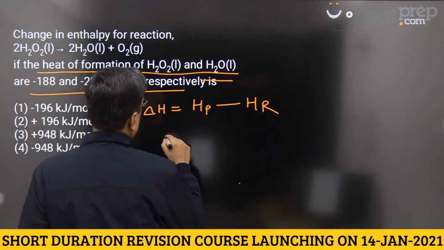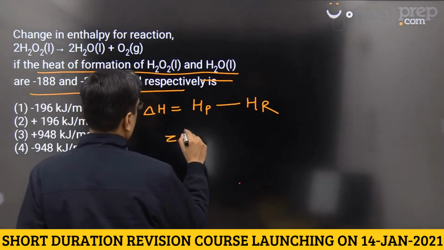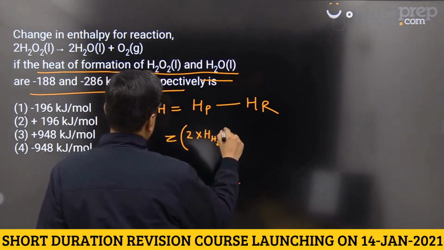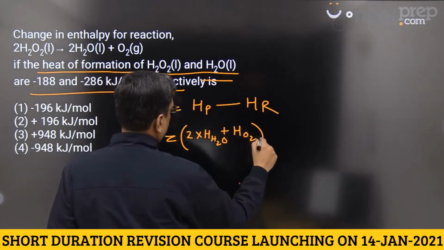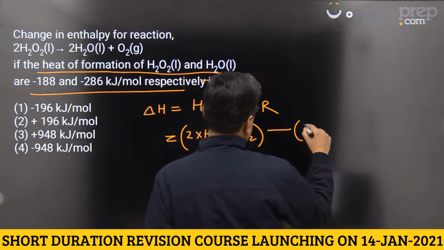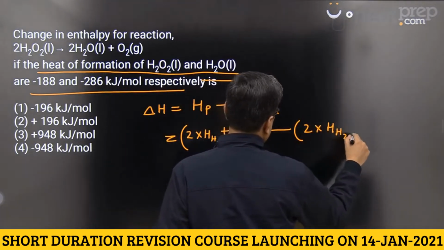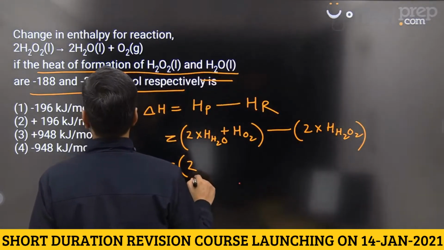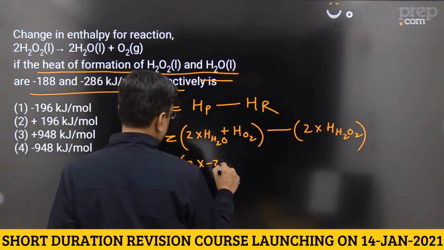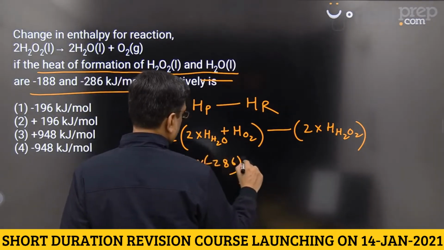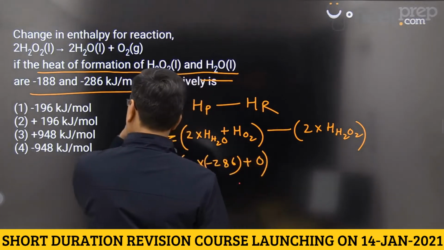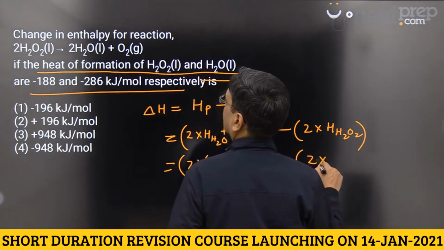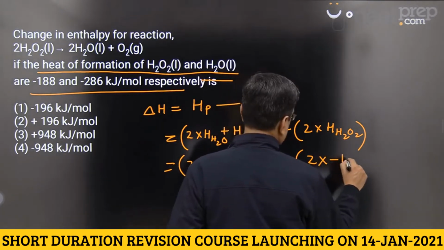See here, what is it? 2 into H of H2O plus H of oxygen, that is HP, minus 2 into H of H2O2. Now what are the values? 2 into minus 286 plus 0, because heat of formation of oxygen is 0, minus 2 into minus 188.